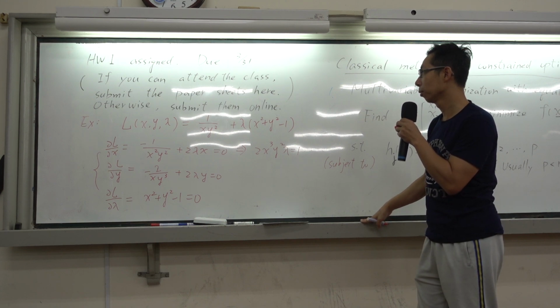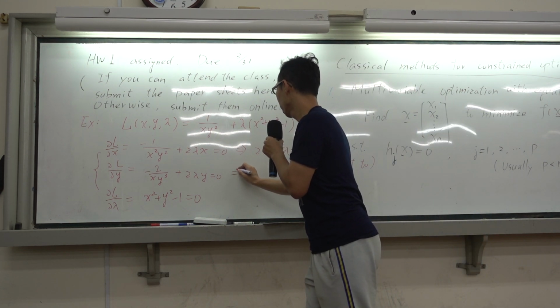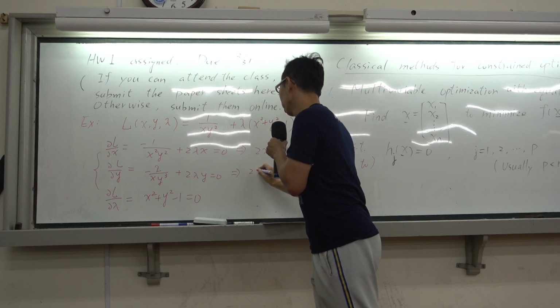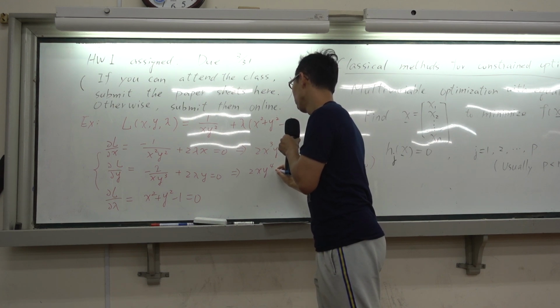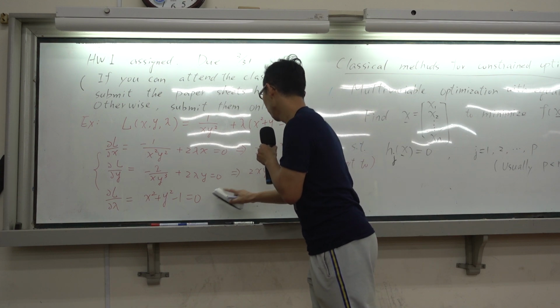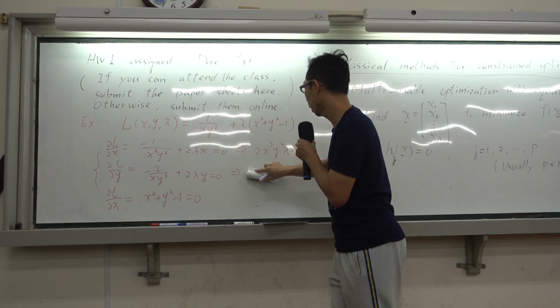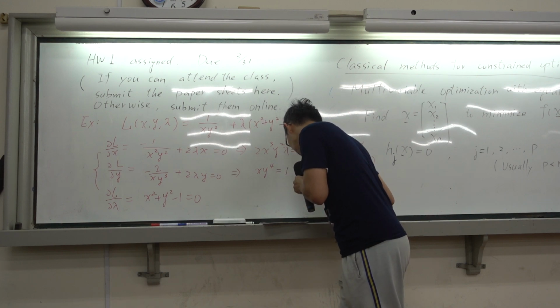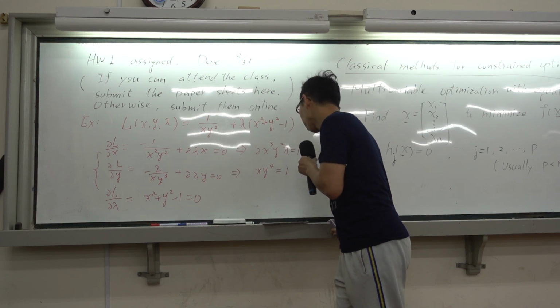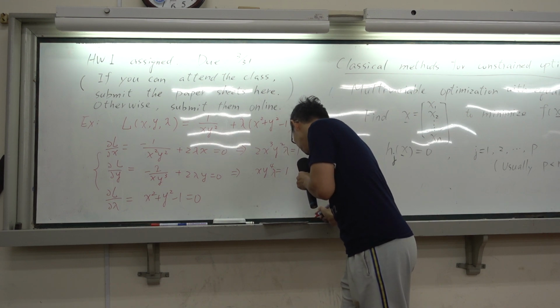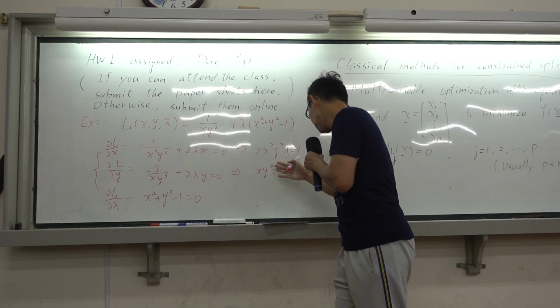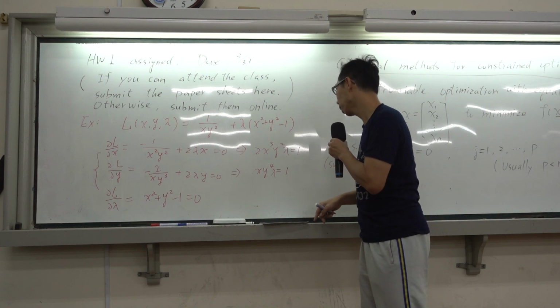And how about the second equation? 2 x y to the 4th power, but the 2 can be cancelled out. Oh, there's also the lambda. So x y to the 4th power lambda equals 1.